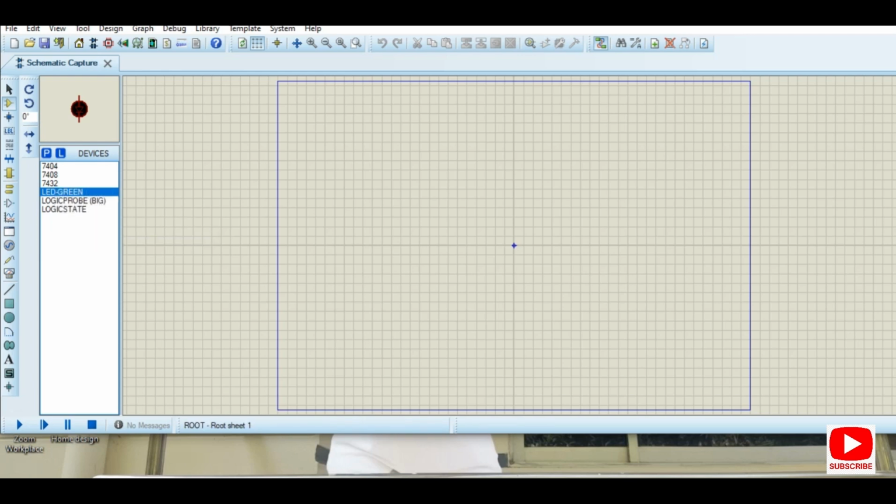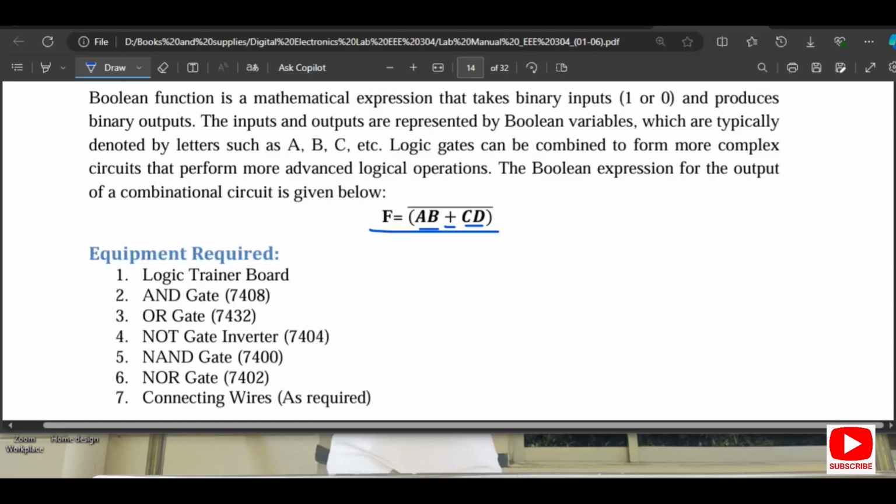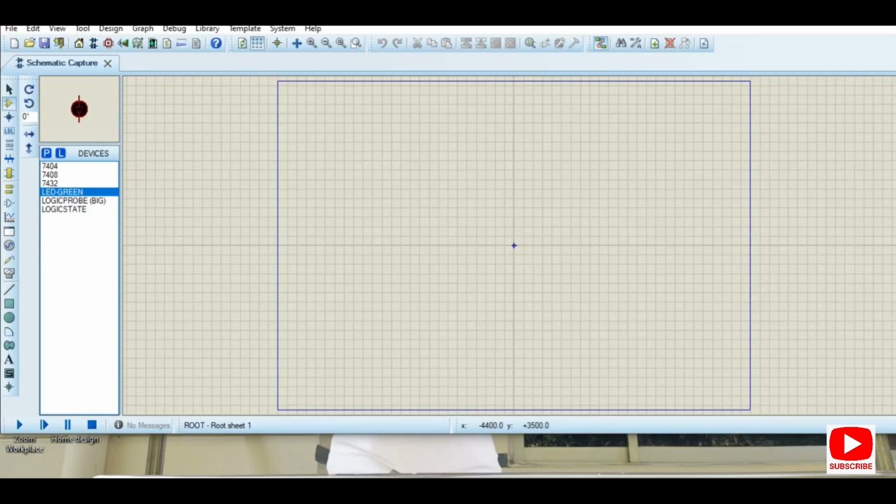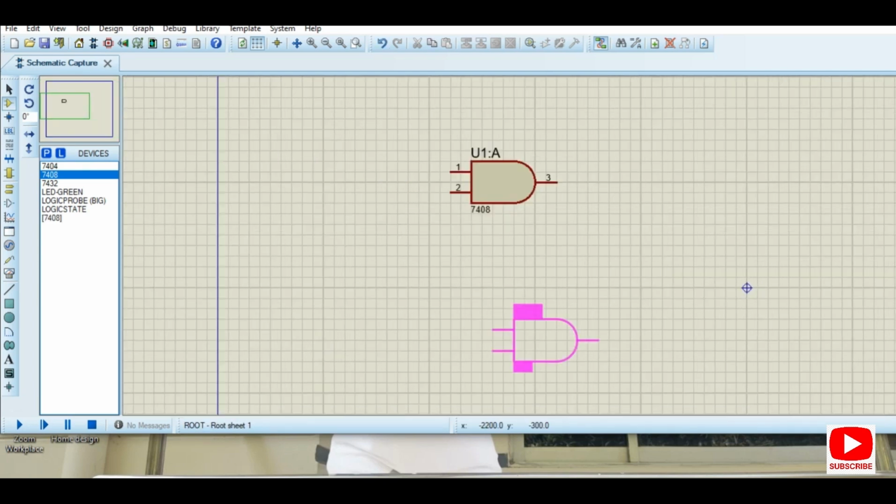So first of all, we have to make AB and CD, then add them, and at last we have to invert them. If we want to make AB here, we need an AND gate. Although there are two operations, AB and CD, so we need terminal 2 here, and we are using some logic states.